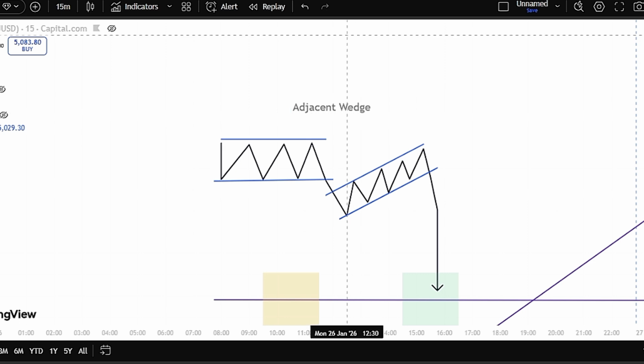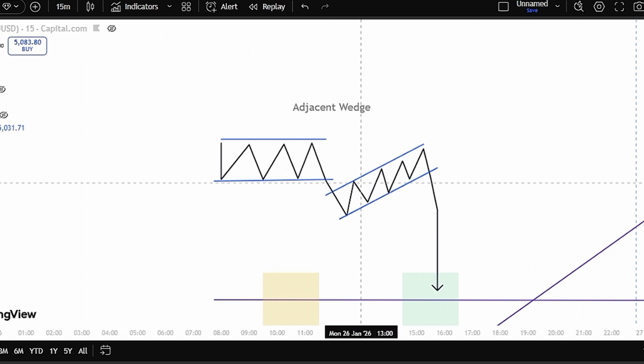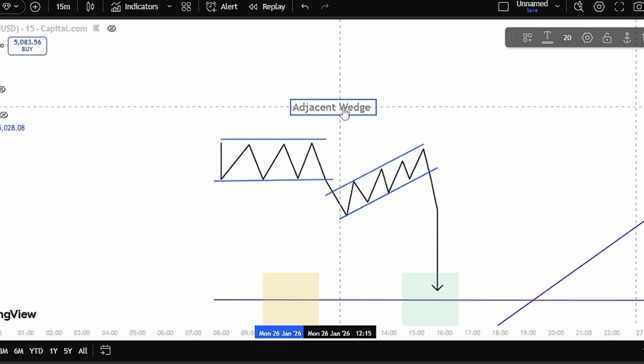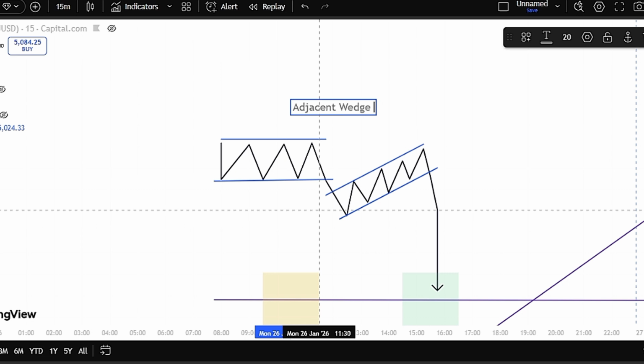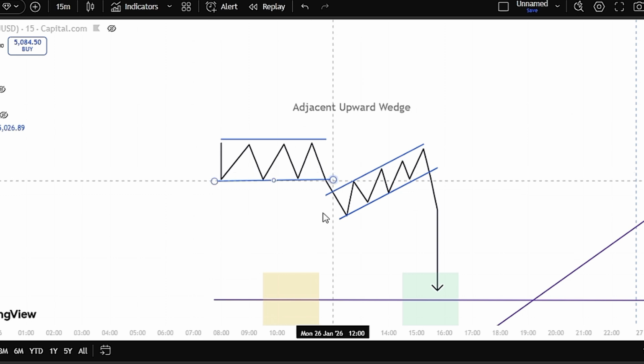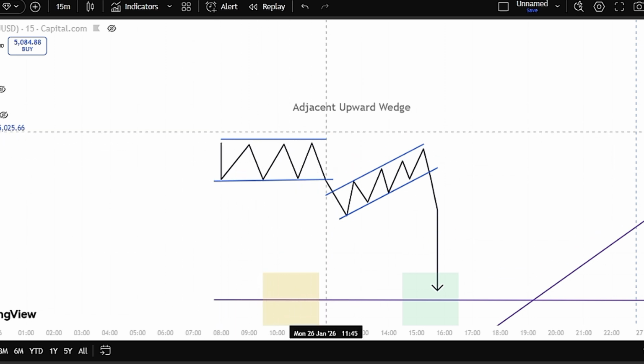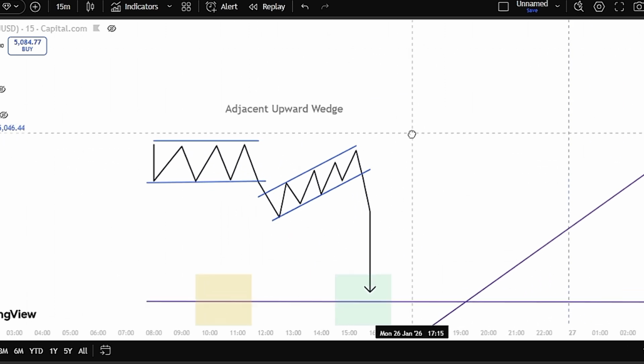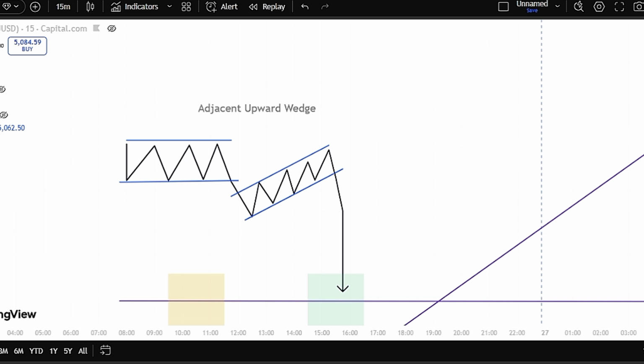I could say, because we're doing an upward wedge, so adjacent upward wedge. Now, remember the concept about a wedge.